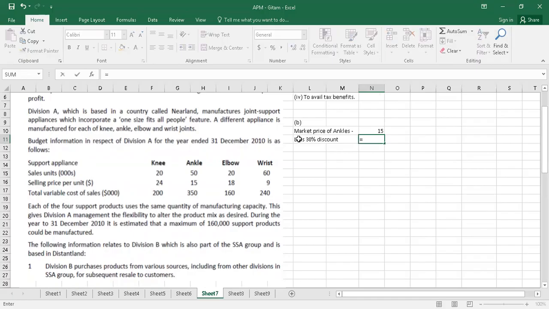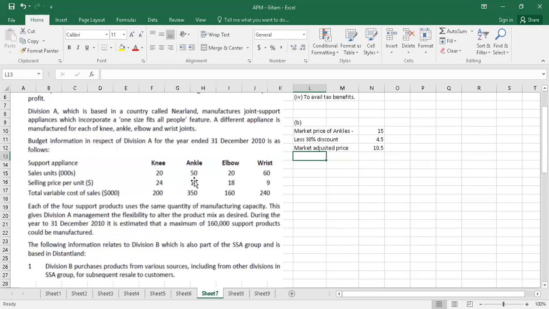That is equal to 10.5. So they want to charge a price of 10.5 to Division B. So the market adjusted price is 10.5.